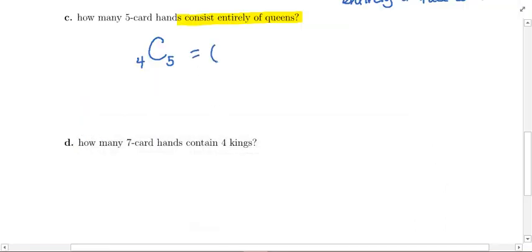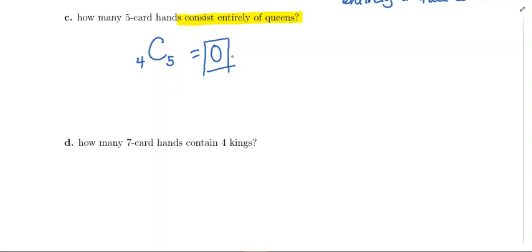Let's think about why this is. Does this make sense? This is saying there are no 5-card hands that can possibly consist entirely of queens. Why? You're using one deck of cards.